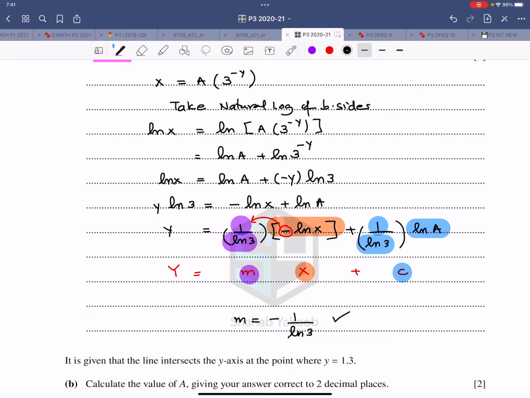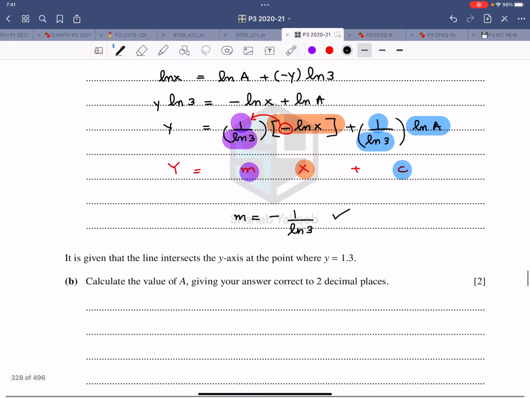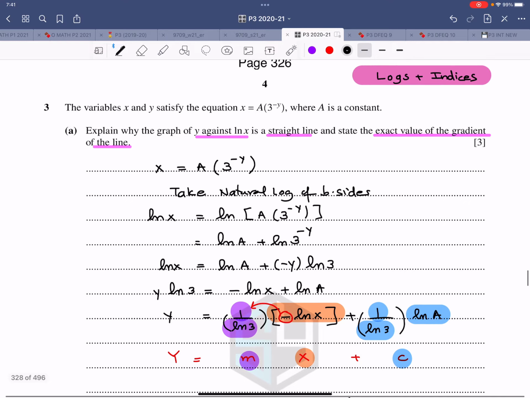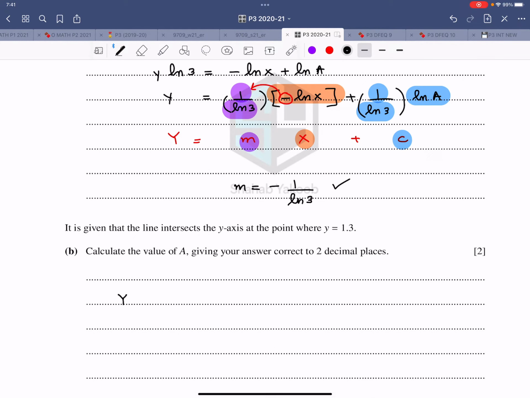Now let's focus over here. It is given that the line intersects the y-axis at the point where y equals 1.3. Now it's talking about this line, so let me write this again. y equals minus 1 over ln 3 multiplied by ln x, plus 1 over ln 3 multiplied with ln of a.